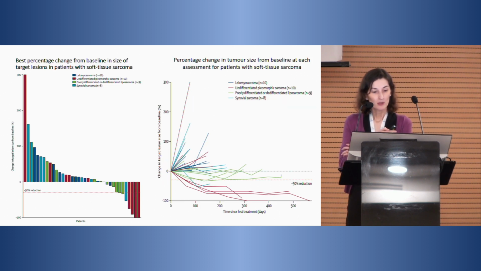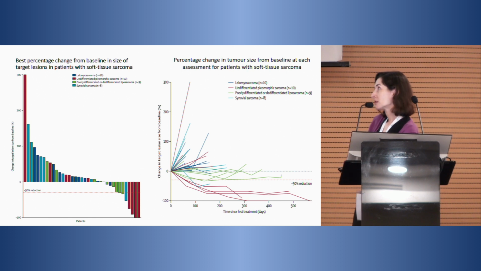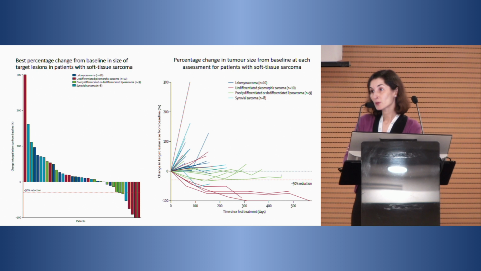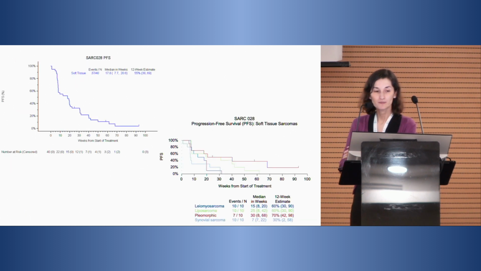And here you can see this is just again showing the change in the tumor size. Most of the patients had an increase in the size of their tumor, and the ones that had a reduction were the patients with undifferentiated pleomorphic sarcoma. And what's interesting is that although most of the patients didn't respond, the ones that had responded had a durable response, which I think is an important finding.